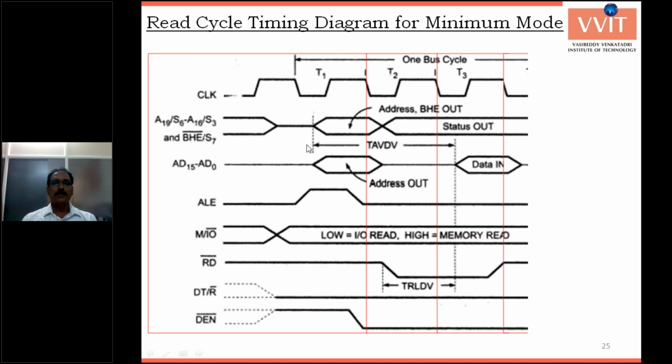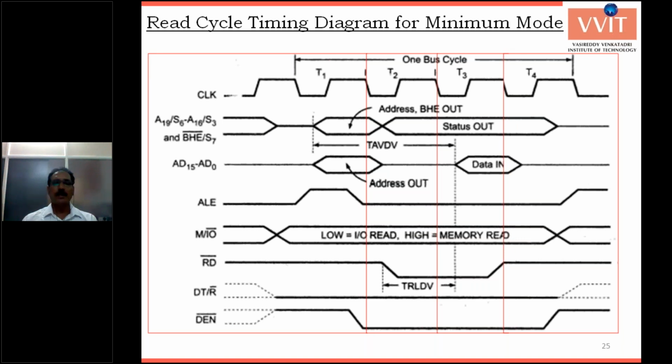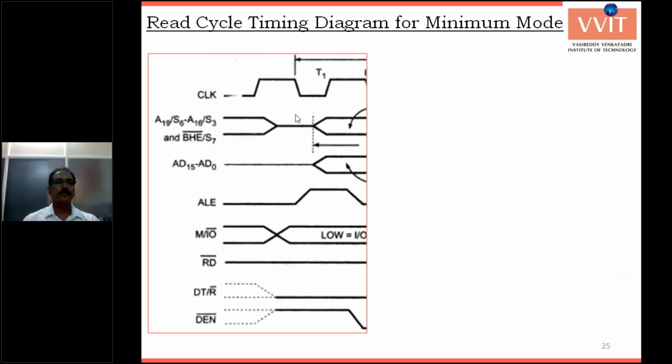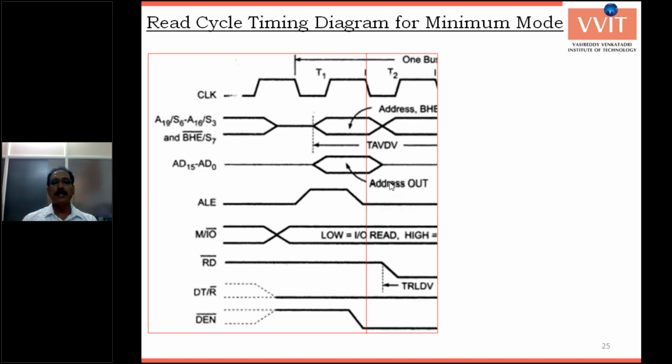Now in minimum mode, in the first clock cycle, this is the starting location. In the first clock cycle, AD0 to AD15 and A16 to A19 carry the address. ALE is generally activated at the start of the T1 clock cycle.